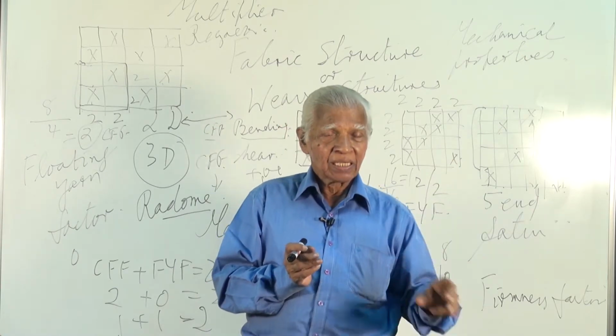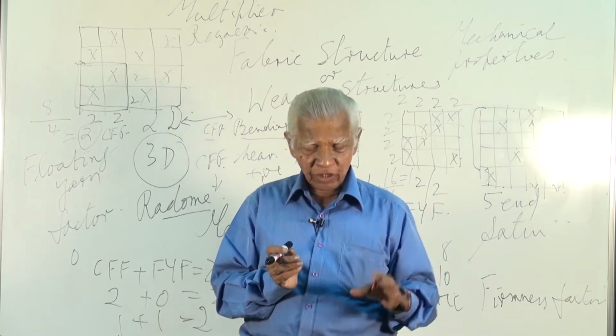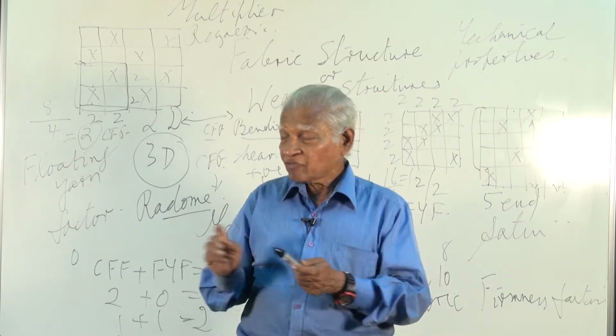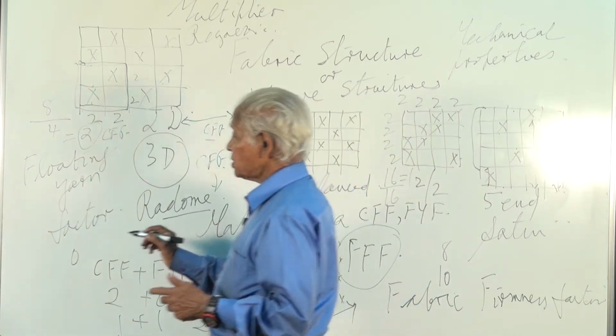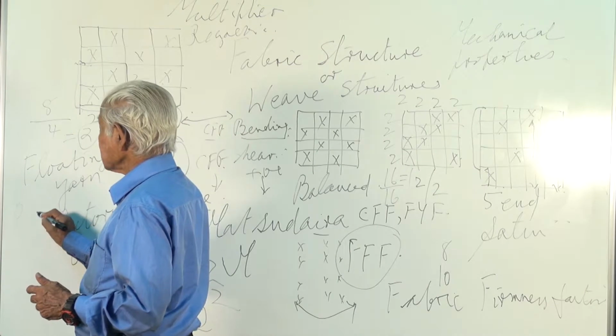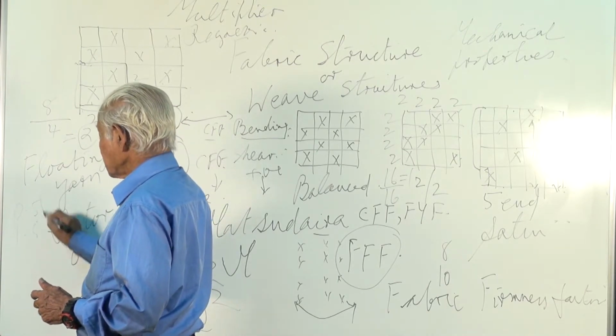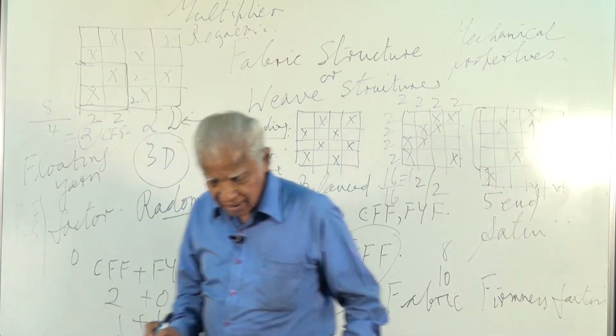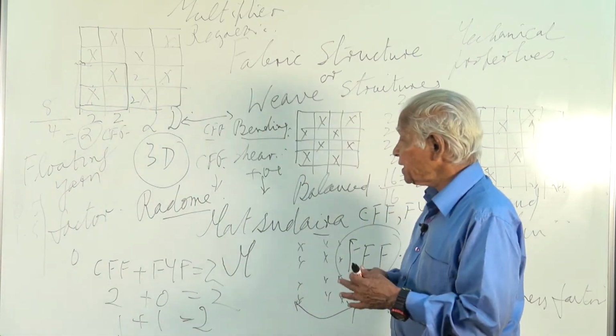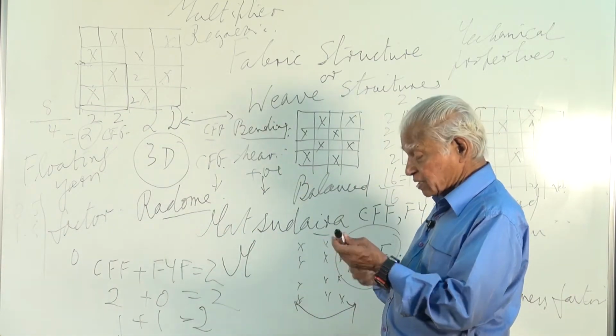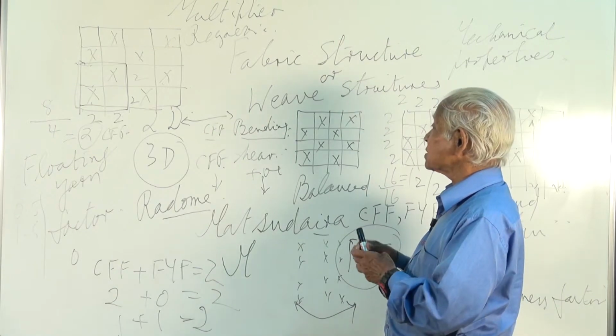CFF is 2 for plain, CFF is 1 for, say, twill, and for sateen it is about 0.5 and 1.5 is FIF. So the total is 2. So these parameters help us in classifying the fabrics for marketing purposes.